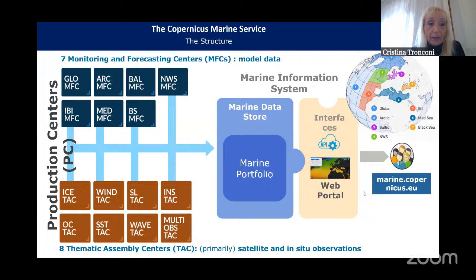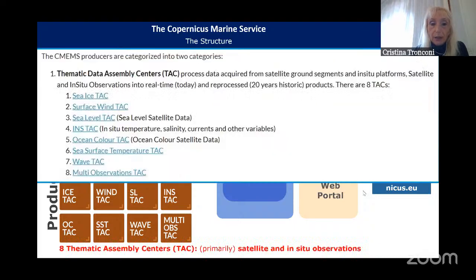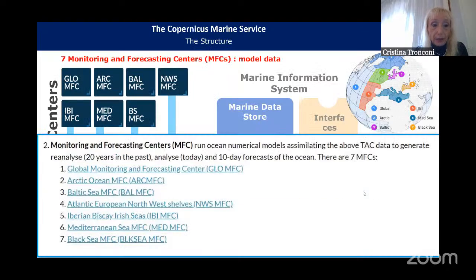We have 7 monitoring and forecasting centers, MFCs, that provide and deliver model data, and 8 thematic assembly centers, TACs, that primarily create and deliver satellite and in situ observations. This is a list of the thematic assembly centers and of the monitoring and forecasting centers.